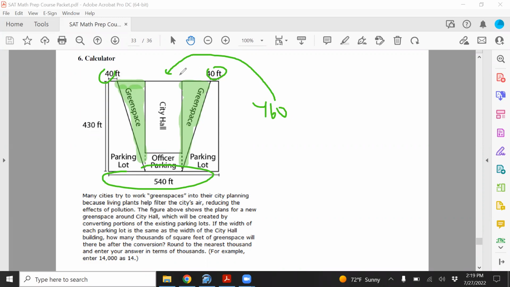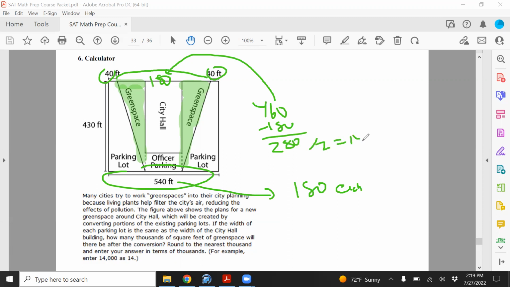Oh, the width of each parking lot is the same as the width of City Hall. Okay, so then this gets split three ways. So that's 180. So 460 is this whole thing. That'll be 280, I think. Is that right? Yeah. And you have to divide that by two, so you get 140.